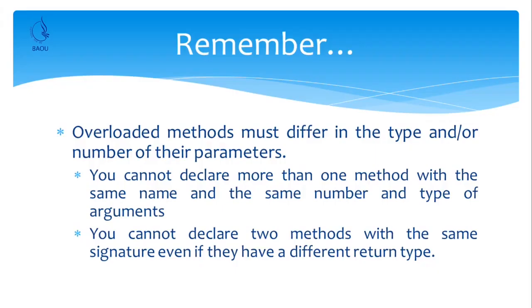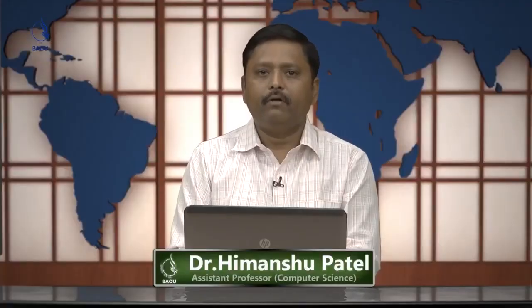Now, what you have to remember is, first, you cannot declare more than one method with the same name and the same number and type of arguments. Either the number of parameters should be different or their type should be different. Second, you cannot declare two methods with the same signature even if they have a different return type. This is important. Why?